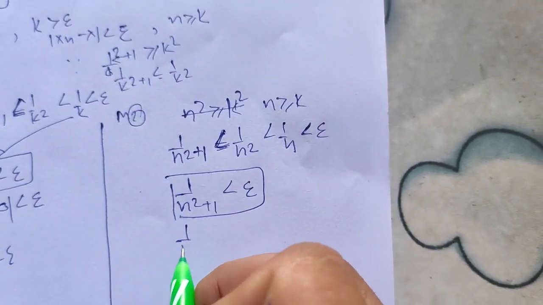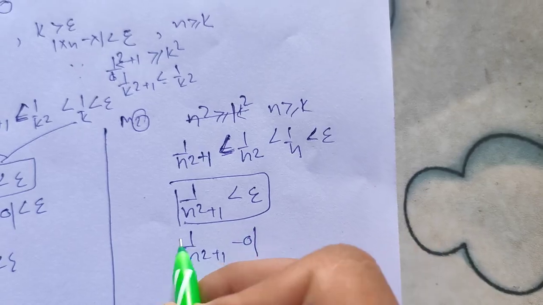So we just proved two things about n square plus 1 minus 0.